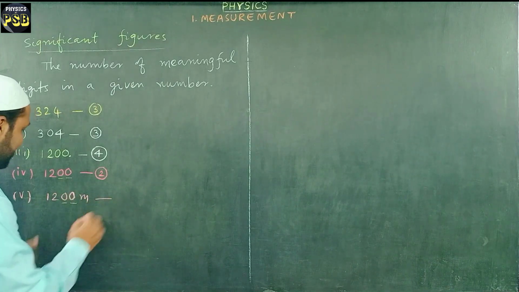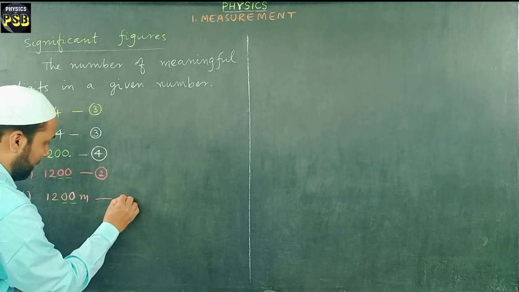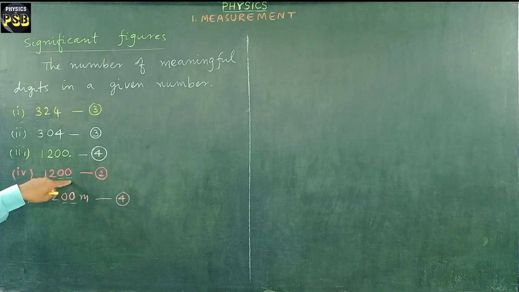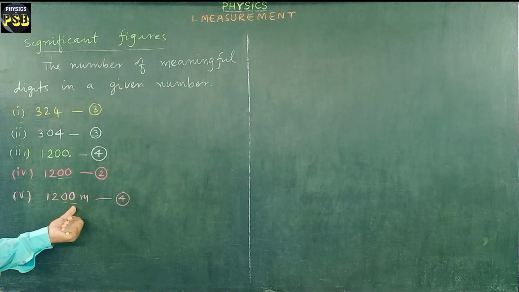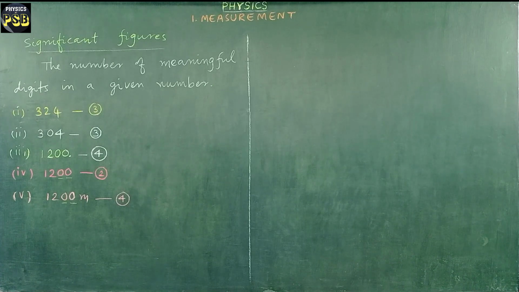Now here the count of significant figures in this number is nothing but 4. See how the same number changes the count of significant figures. If you have a decimal point, then these two zeros become meaningful. If it is not present, then they become meaningless. If these two zeros are present in a number which is obtained from a measurement, it means they become meaningful. Clear?